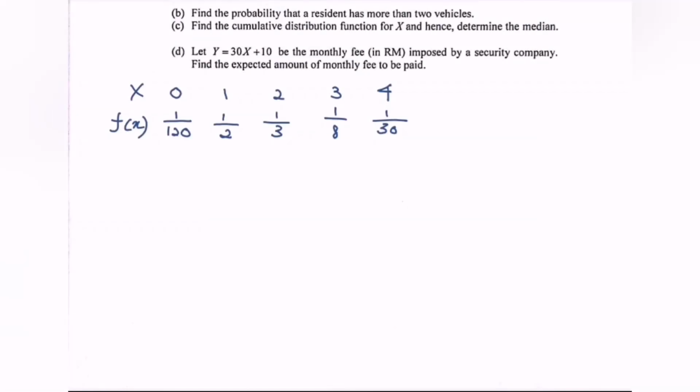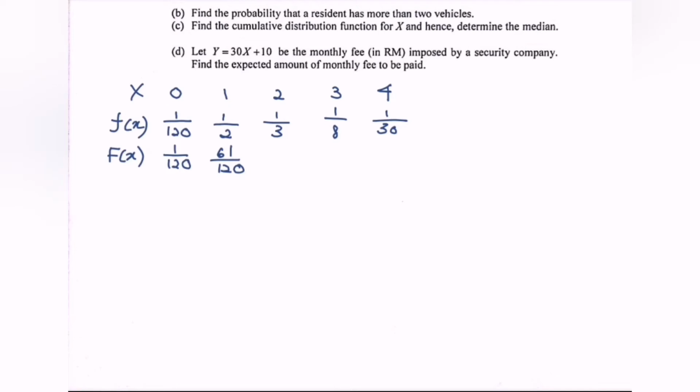Kindly refer to C. Find the cumulative distribution function of x and hence determine the median. So in here we need the capital Fx. Number 1, we have F0 which is 1 over 120. Next F1. So we have to sum up the fx for 0 and also 1, where we have 61 over 120. Continue.